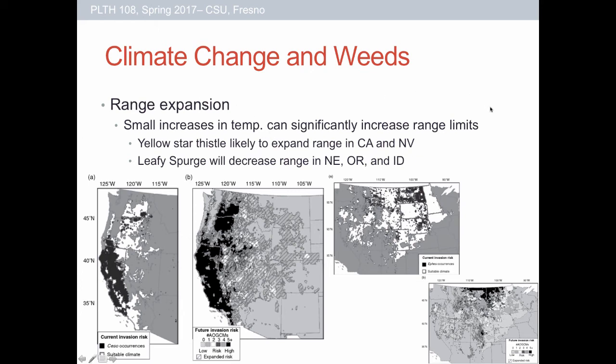There have been some studies looking to model how weeds will react to global climate change. This one study I found looked at yellow star thistle and leafy spurge and saw some interesting stuff. Basically, they quantified the kind of habitats that these two weeds like to live in, and then they took a map and asked, what areas in the western US match that habitat?